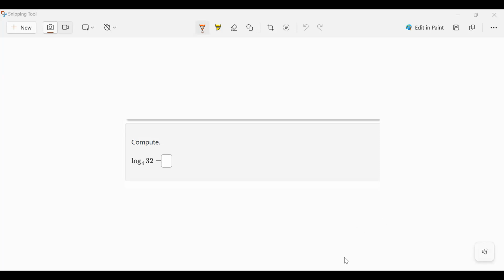All right, let's go over the solution here. So first of all, you can turn it back to exponents. We get 4 to the x equals 32. Or we can do this, another way of looking at it, without converting the 32 to base 2, right?